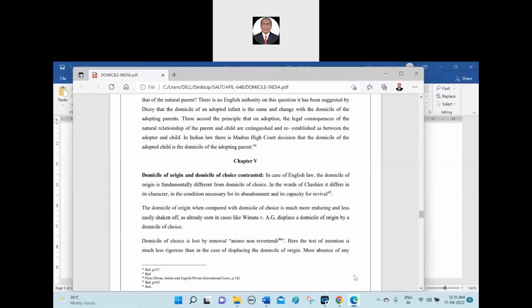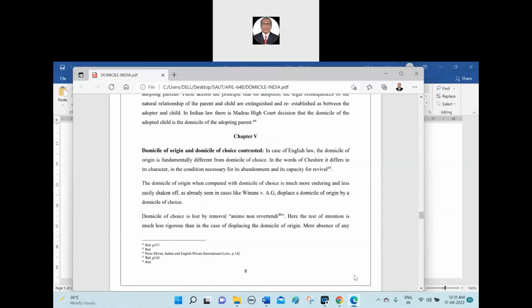The domicile of origin, when compared with the domicile of choice, is much more enduring and less easily shaken off, as already seen in the case like Udny versus Udny, which displaces a domicile of origin by a domicile of choice.